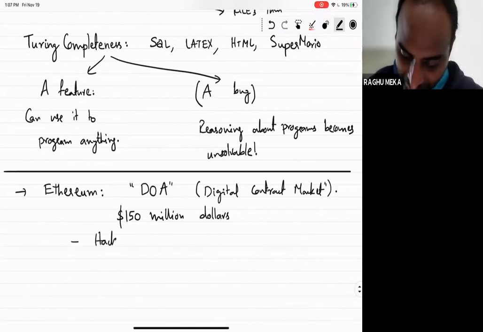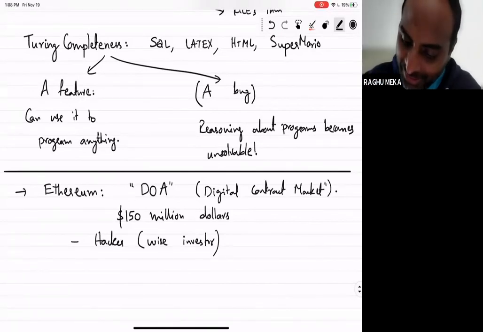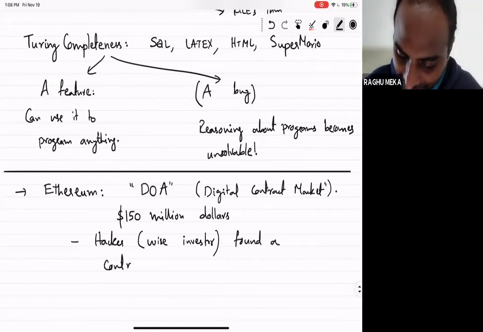Okay, and as part of it, they actually introduced a new language to build these contracts, and they said, it's kind of sound, we cannot do weird things in it, but some hacker, or you might call that person a wise investor, or some person who actually took a CS 181 course in their life, figured out that this language actually is Turing complete. So they found a contract that loops forever.